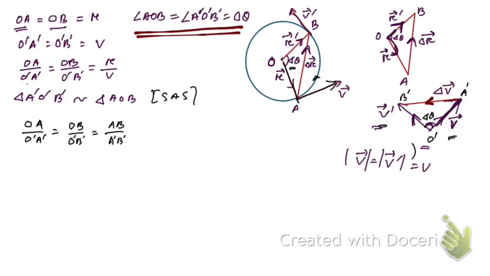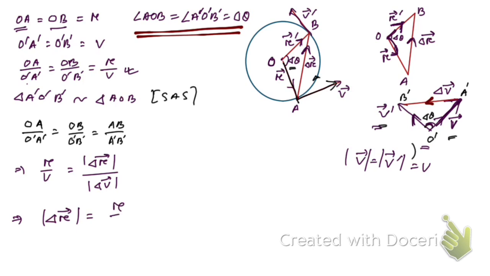And this is equal to R by V. On the other hand, AB by A dash B dash, this is AB, that is del R, and A dash B dash is del V. When you take the length of the sides, you need to take the magnitude of the vector only, that is magnitude of del R and magnitude of del V, right? Hope you have understood this. From here del R is equal to R by V into del V. That's what we're gonna have.